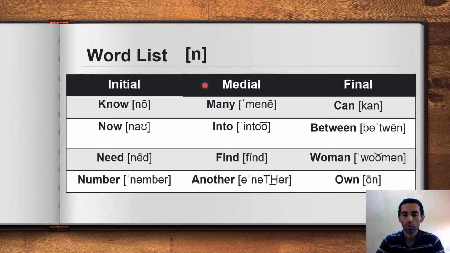Now, to talk about the medial position, we have words as in many, into, fine, and another. And finally, we have the N sound in final position with words as in can, between, woman, and own. So let's continue.